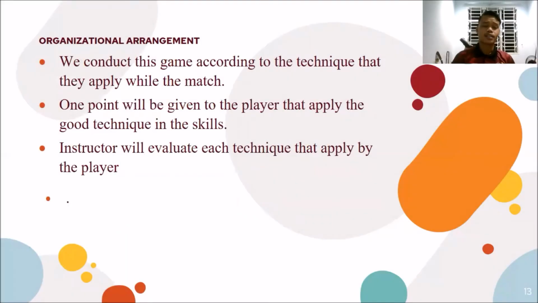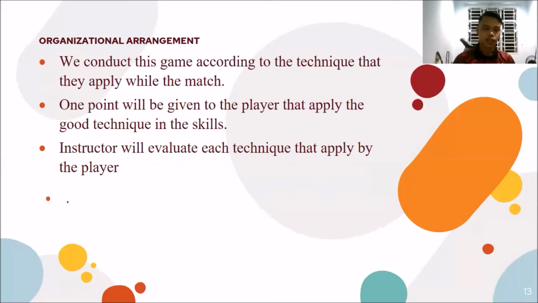For the organization arrangement, we conduct this game according to the technique and not who is the winner and gets the 5 points. And 1 point will be given to the player that applies the good technique, and the instructor will evaluate each technique applied by the player.